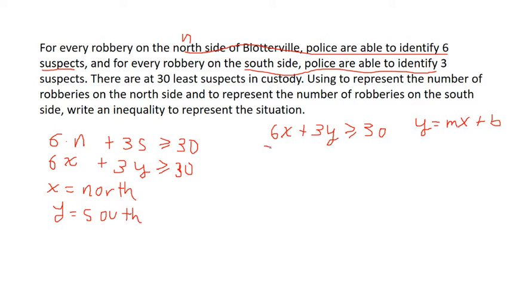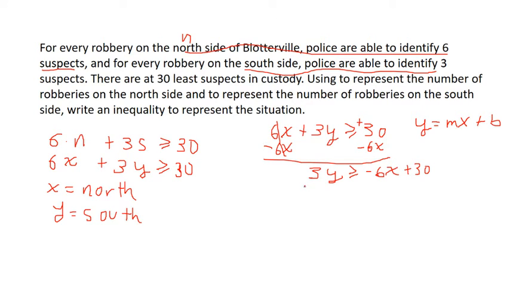So let's go ahead and subtract 6x from each side. We're going to end up with 3y, this is going to cancel out, it's greater than or equal to negative 6x plus 30. So if I go from the bottom up, I have negative 6x plus, we have a plus here which you don't see.